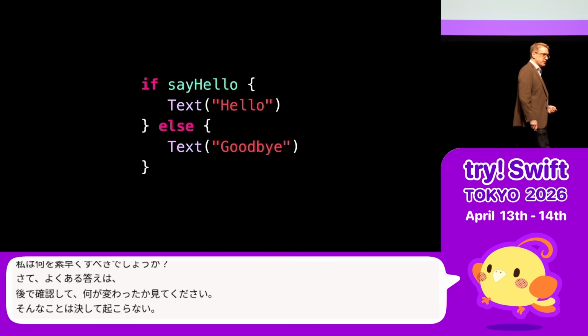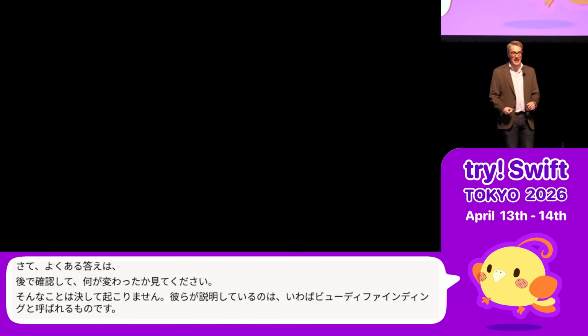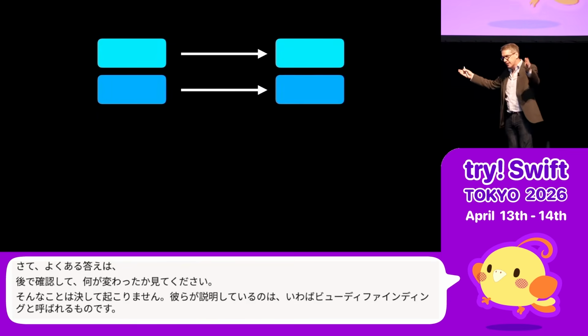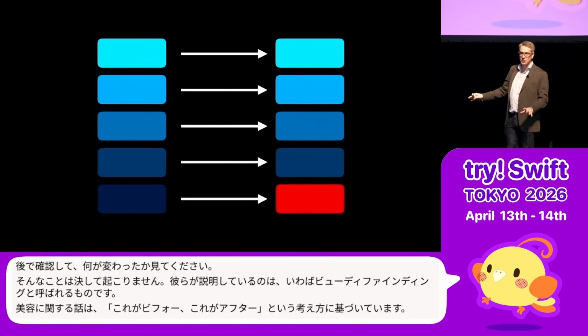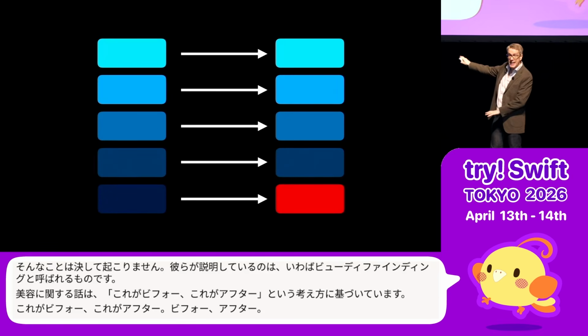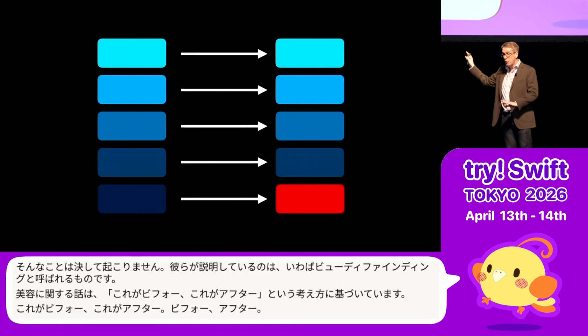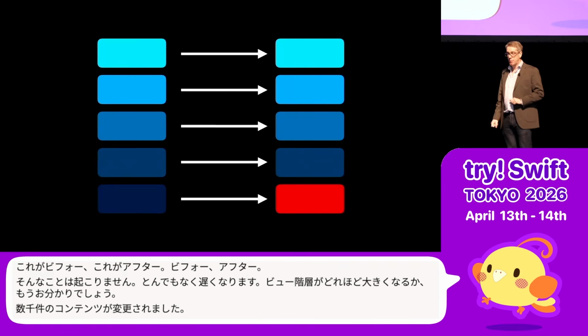They're describing a thing we might call view diffing, where you go through this idea of here's before, here's after, before, after. This does not happen. This would be horrifically slow. You've seen how big our view hierarchies become, modified content by the 1,000. This would be too slow to work in practice.